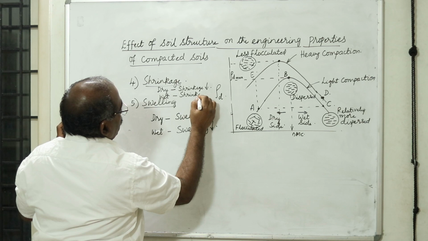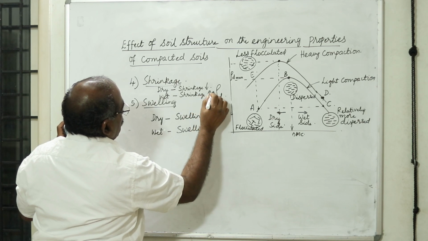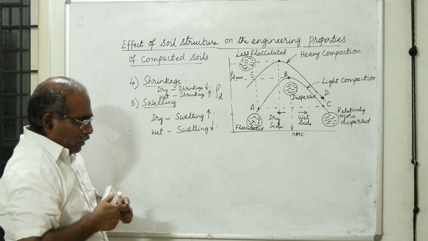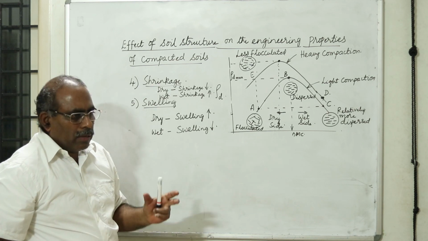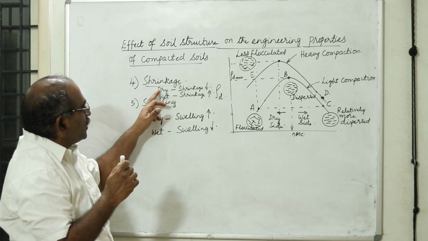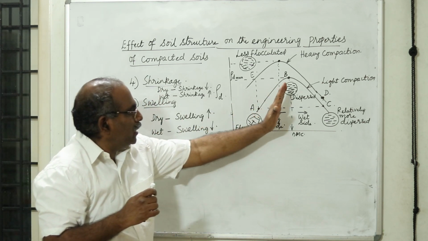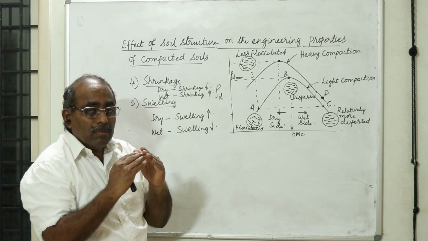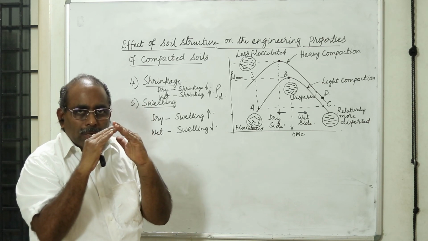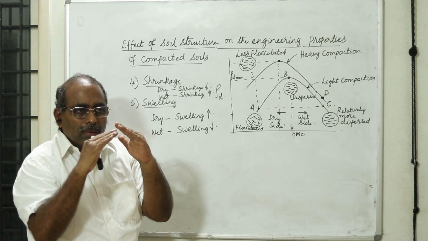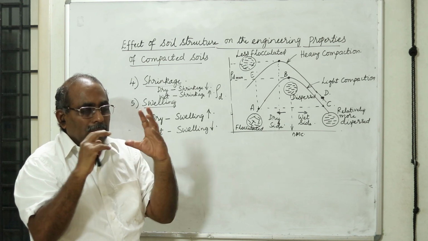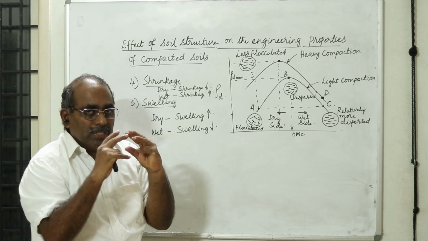What is the reason for this? We need to probe into the reason. Now let us see the shrinkage phenomenon. See, shrinkage is nothing but the particles coming close to each other. If you have got a flocculent structure, because on the dry side of optimum, slightly dry of optimum, you still have a flocculent structure, then when the particles come close to each other, because of the flocs, the edge to face arrangement is trying to prevent the soil sample from shrinking.